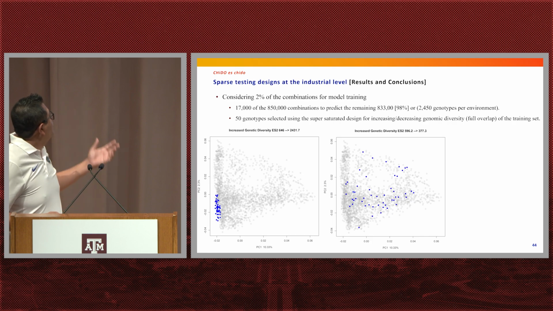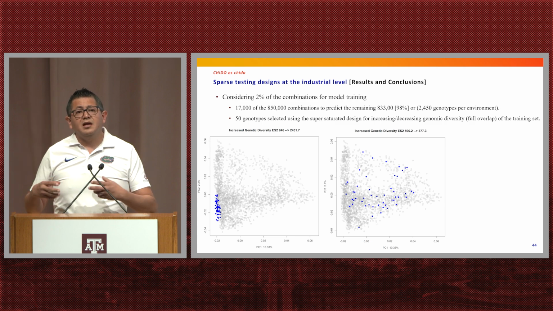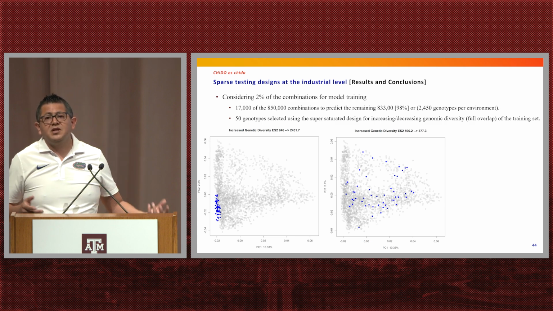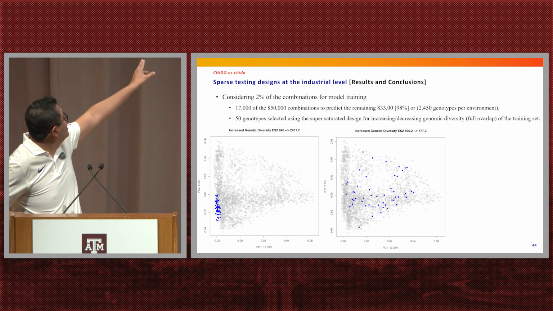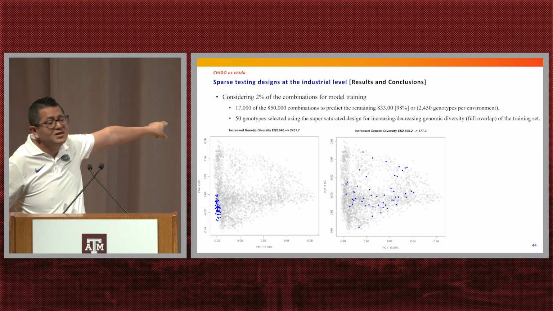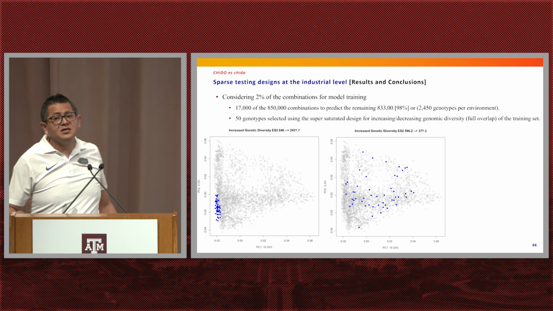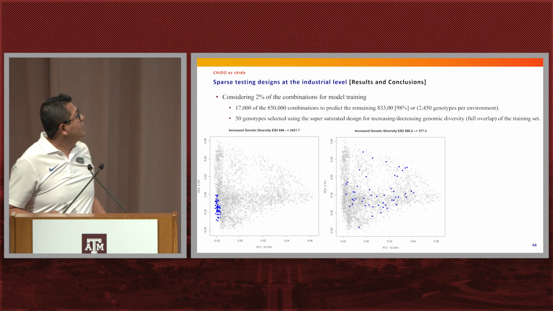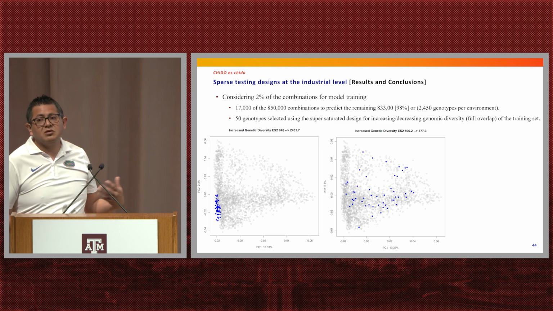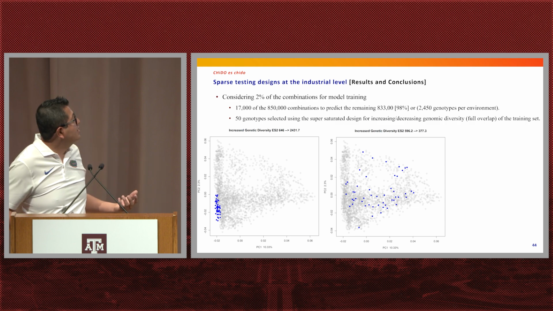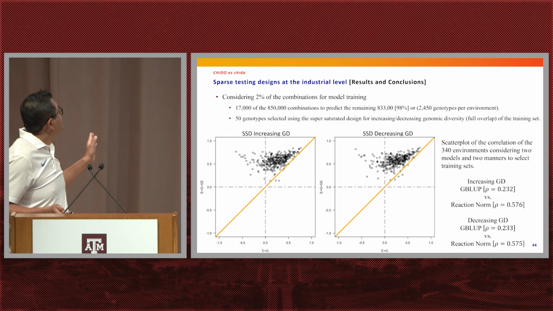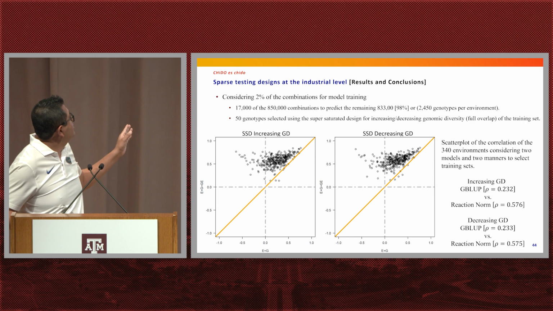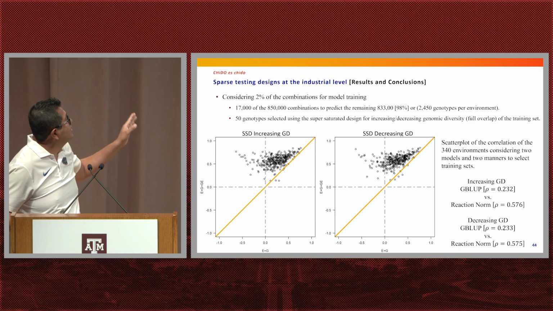And finally, we consider the method to select a sample that maximizes or minimizes genetic diversity. This is the PC1, obviously. On the left side, we are decreasing genetic diversity. On the right side, we are increasing genetic diversity. We tested those 50 genotypes and what happens when predicting the unobserved combinations, both when we increase and decrease genetic diversity.